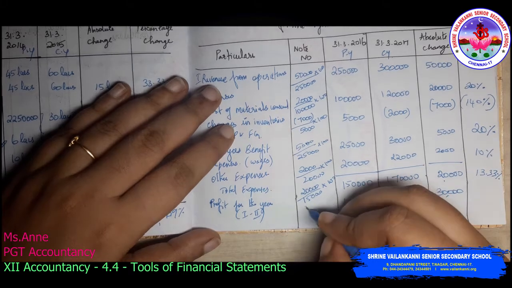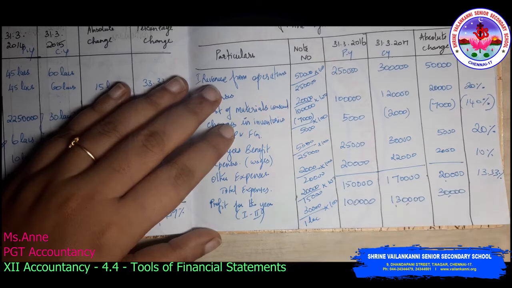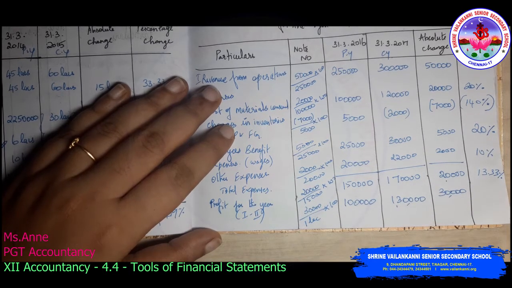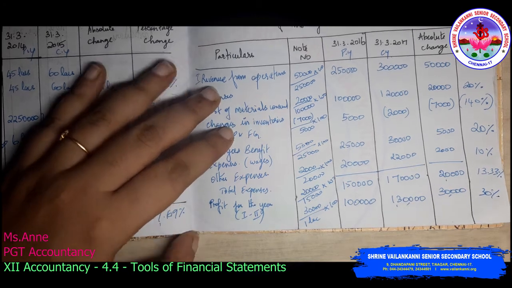And then 30,000 divided by 1 lakh into 100, that is 30%. So this is what we need to prepare.